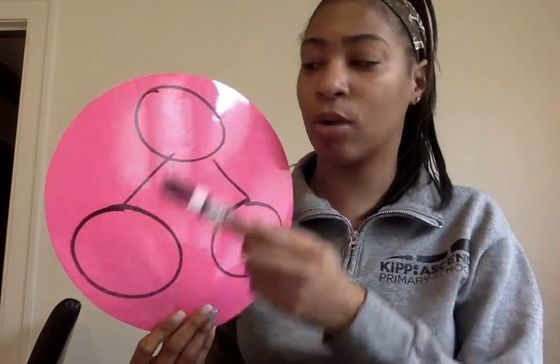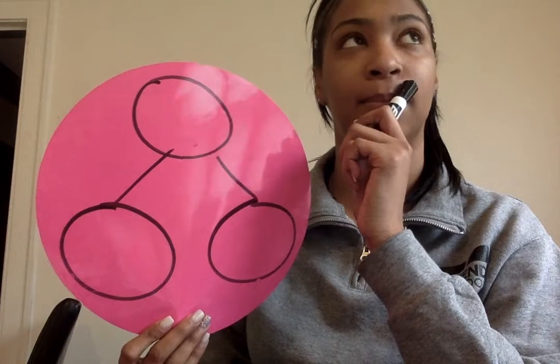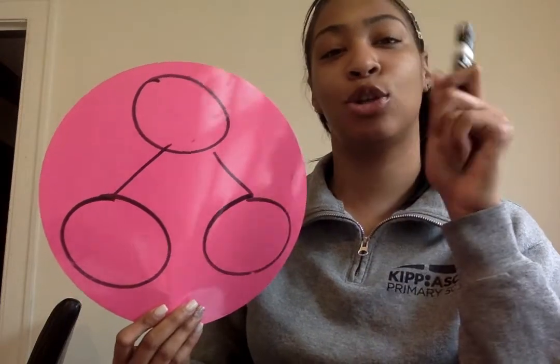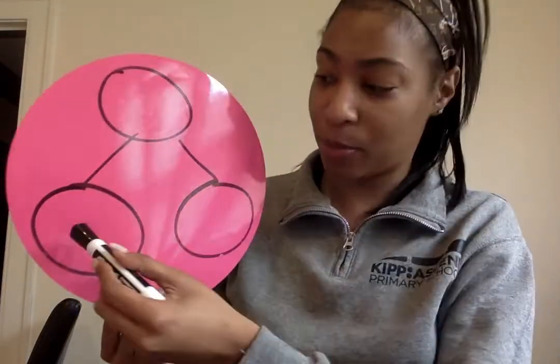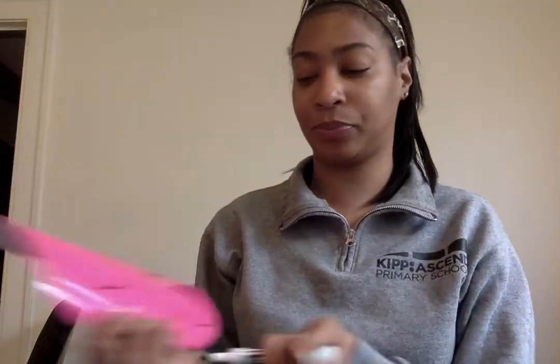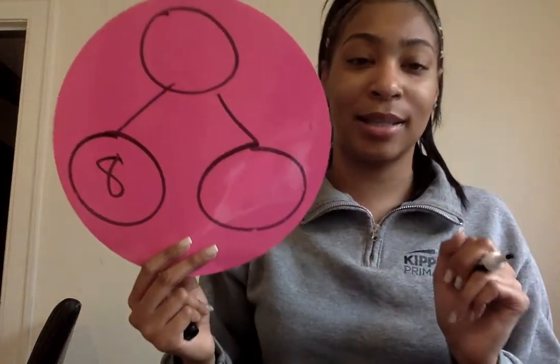I hope you all have drawn your 3 circles so that we can make our number bond together. I know that London has 8 apples. So should I put the 8 in my part or my whole? I know that 2 parts make a whole. So is 8 a part or a whole? If you said part, good job. So I'm going to put an 8 right here. Next, 3.